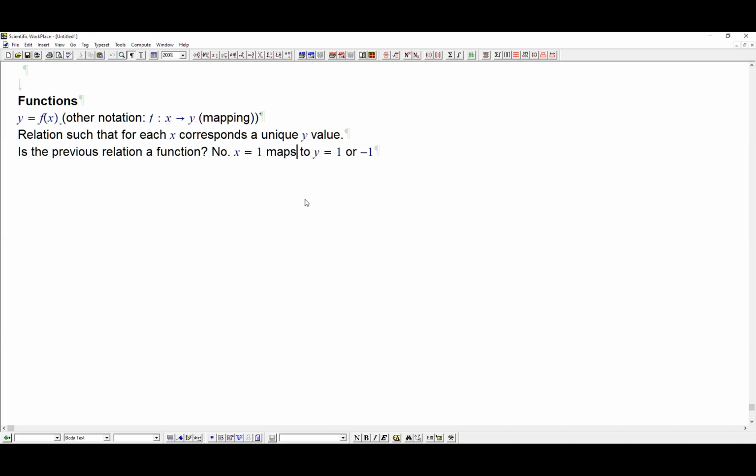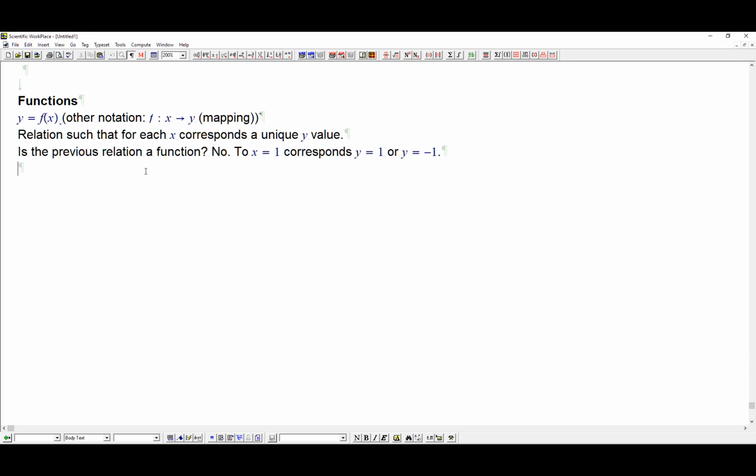Yeah, I shouldn't even use map. So with x equals 1, y corresponds to y equals 1 or y equals -1.